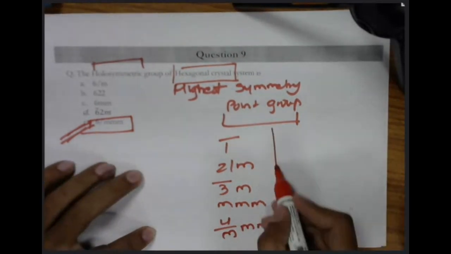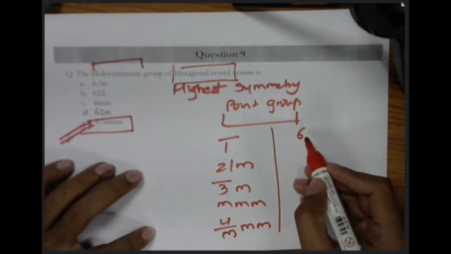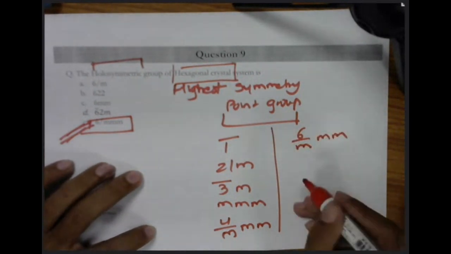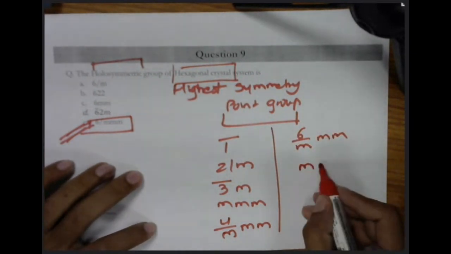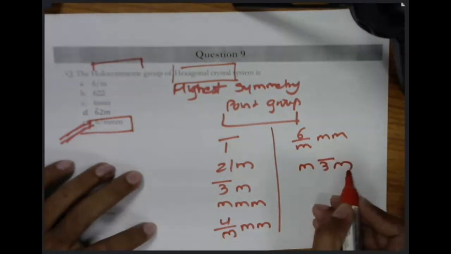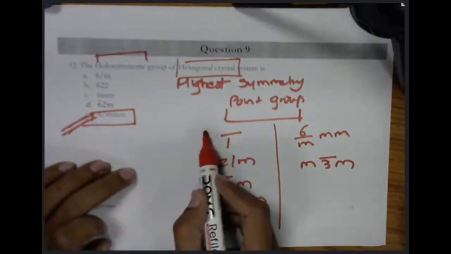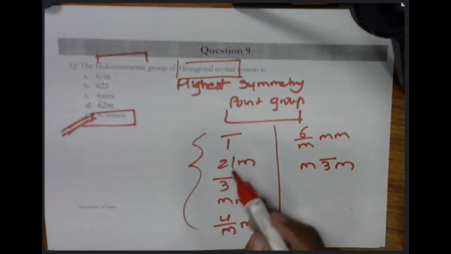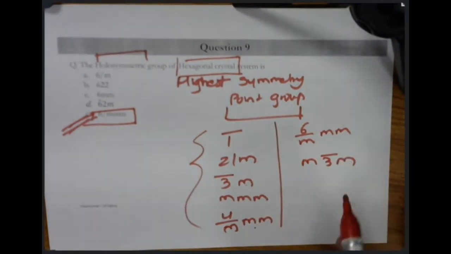For hexagonal we have 6 over mmm, and then there is cubic which has m 3 bar m. So these are the highest symmetry groups corresponding to the 7 crystal systems: 1, 2, 3, 4, 5, 6, 7.